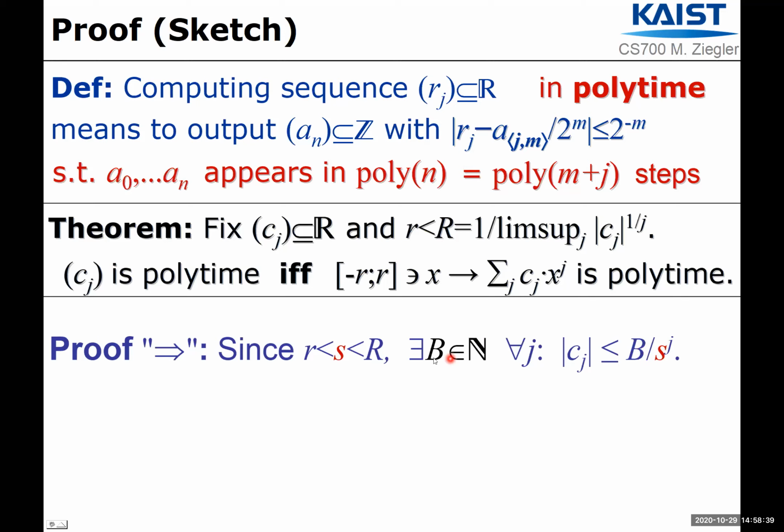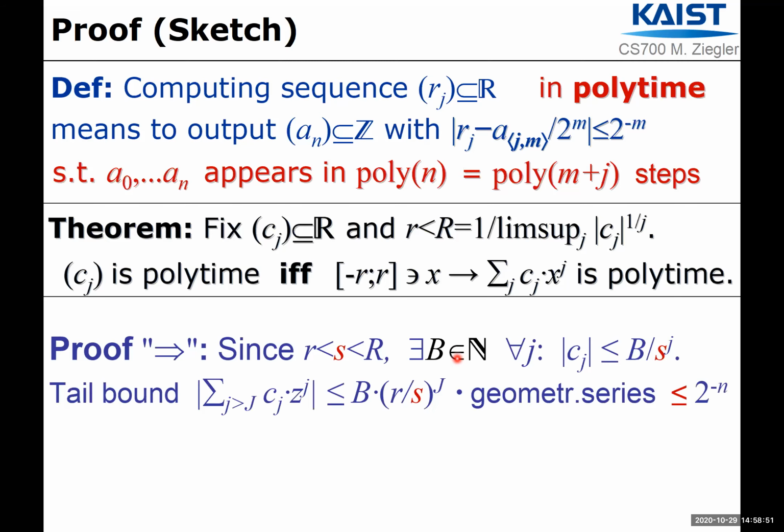And now hard coding this parameter. Remember when we talked about computability of analytic functions, that was also the enrichment parameter at that time. And here we use that again to estimate the tail bound.